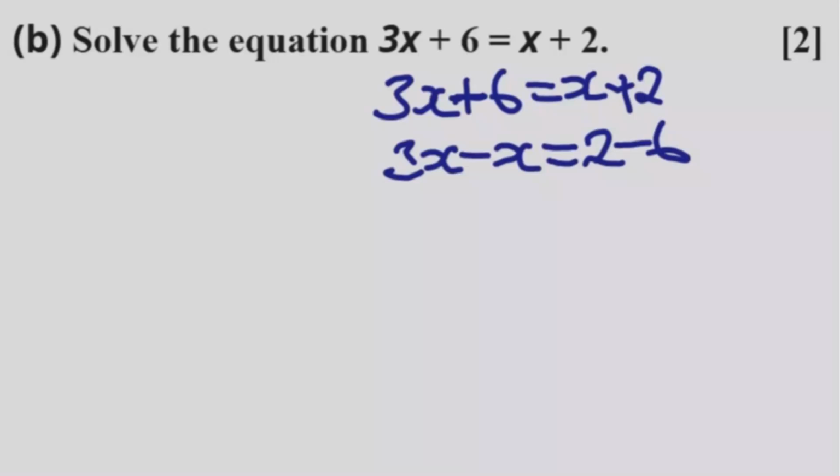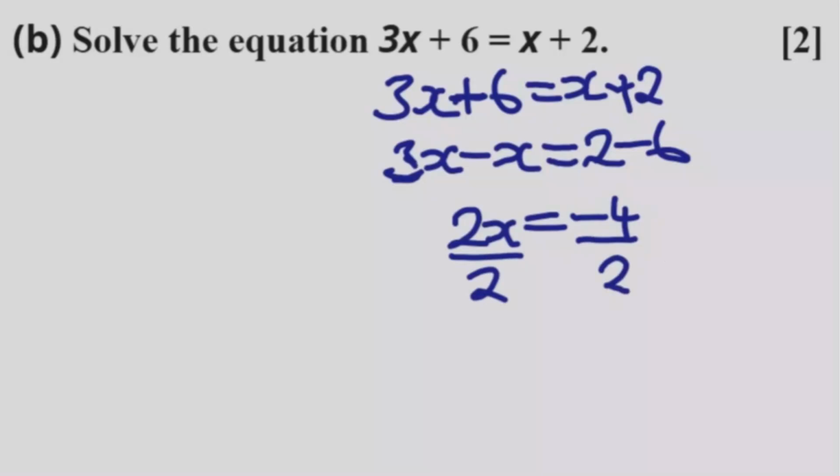Then we evaluate this: 3x minus x will give us 2x, and 2 minus 6 will give us negative 4. Then we divide both sides by 2 so that we remain with the x on one side of the equal sign.